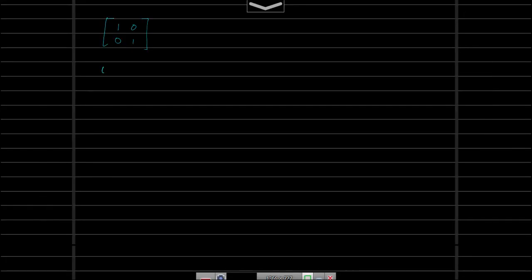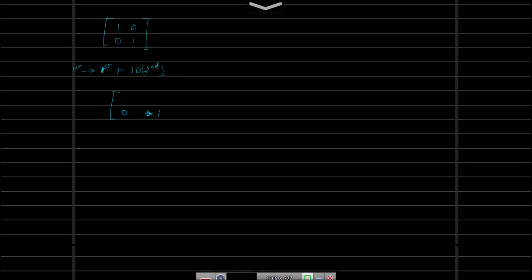First row becomes first row plus 10 times second row. In this operation your second row will be as it is, so the second row will be 0 1, and for the first row, first you multiply 10 to the second row and add it to the first row.